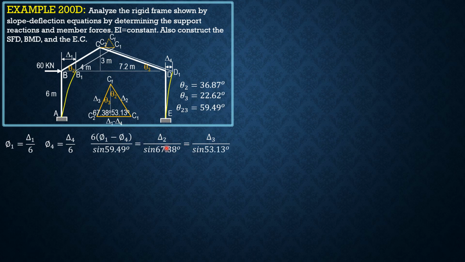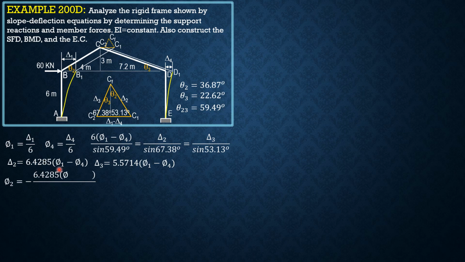So delta 2 in terms of P1 and P4 is equal to 6.4285 quantity P1 minus P sub 4, and therefore delta 3 in this case is 5.5714 quantity P sub 1 minus P sub 4.